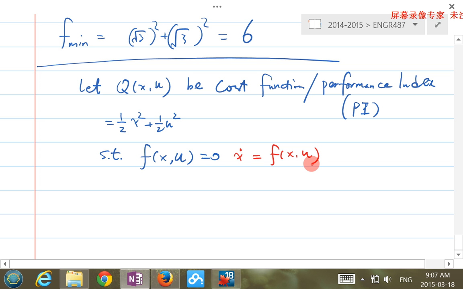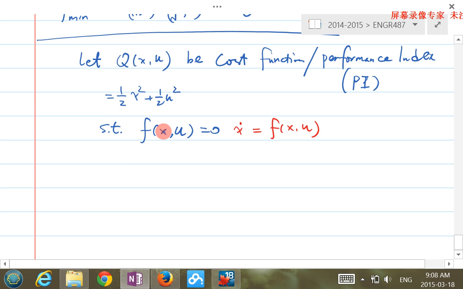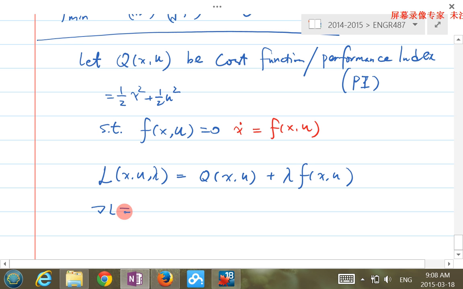Given this kind of system, we can form a Lagrangian like this, and then try to get the gradient set equal to 0, to get the stationary point, local min or local max.